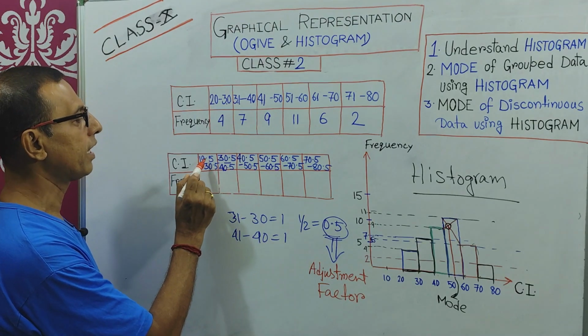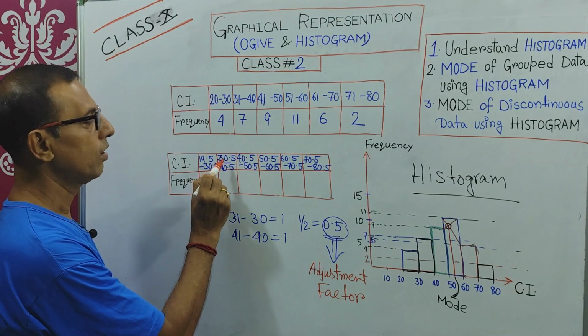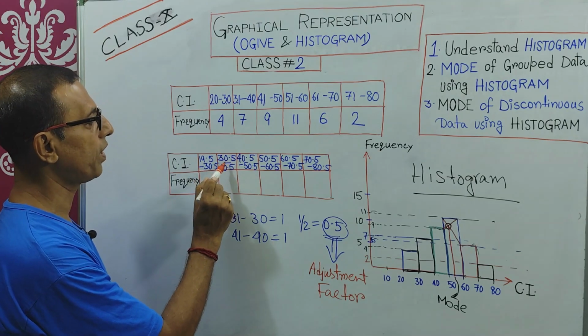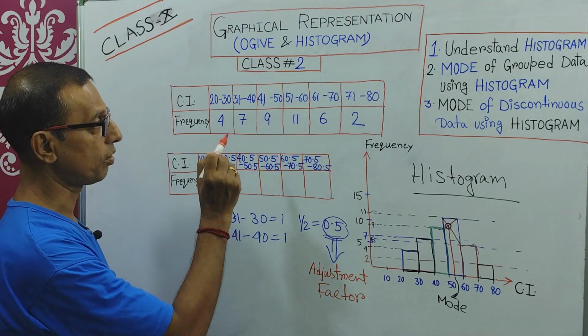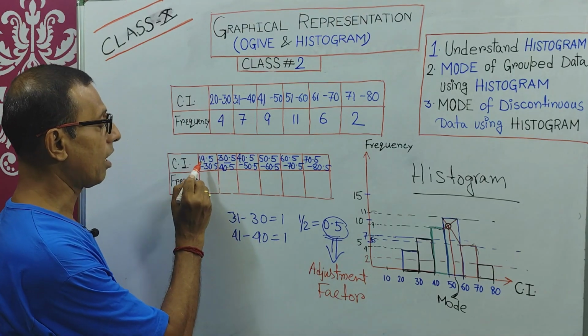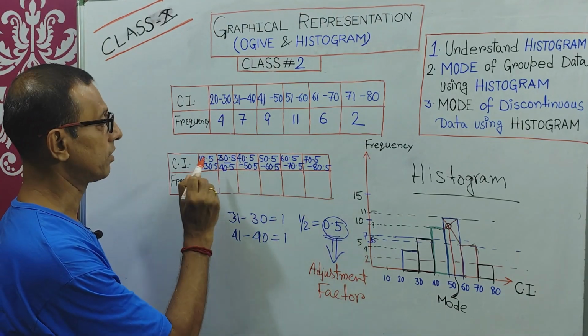Then you see that 19.5 to 30.5 has a height of 10, 30.5 to 40.5 is 10, 70.5 to 80.5 is 10. So the class interval remains the same, but now the data set is continuous.